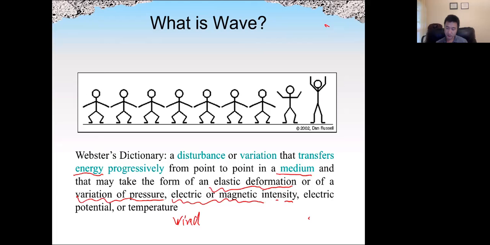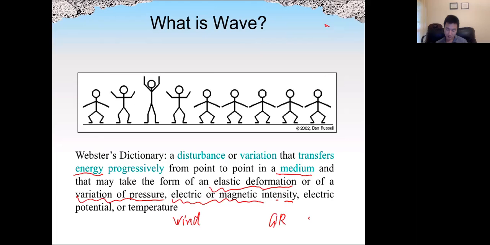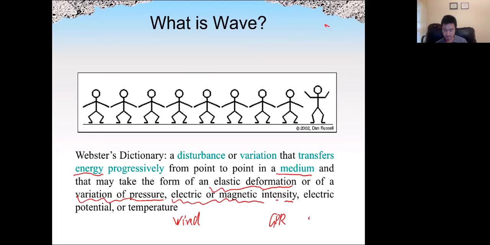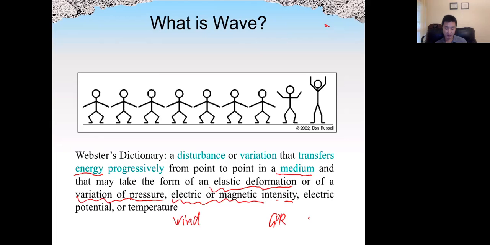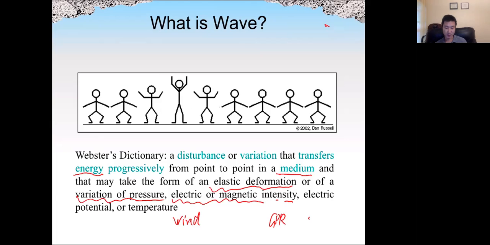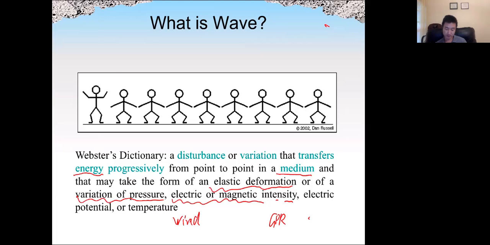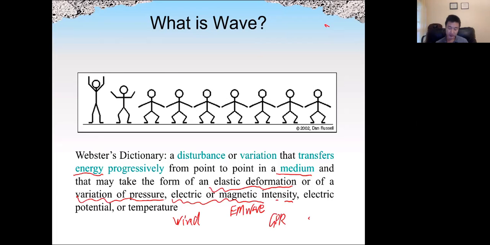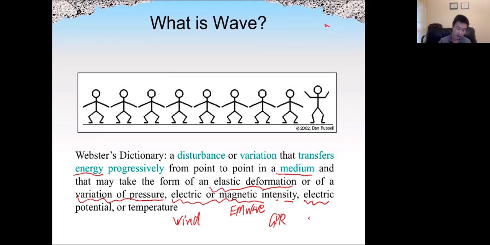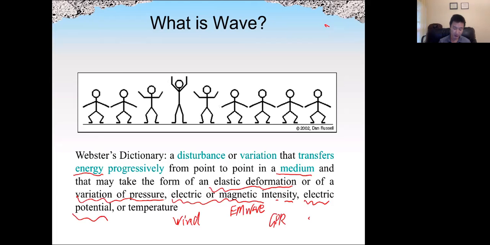GPR is for ground penetrating radar, which we'll discuss in the next lecture, I believe. GPR is using EM waves, electric or magnetic intensity. Or electrical potential, as a voltage, for example, or even temperature difference.